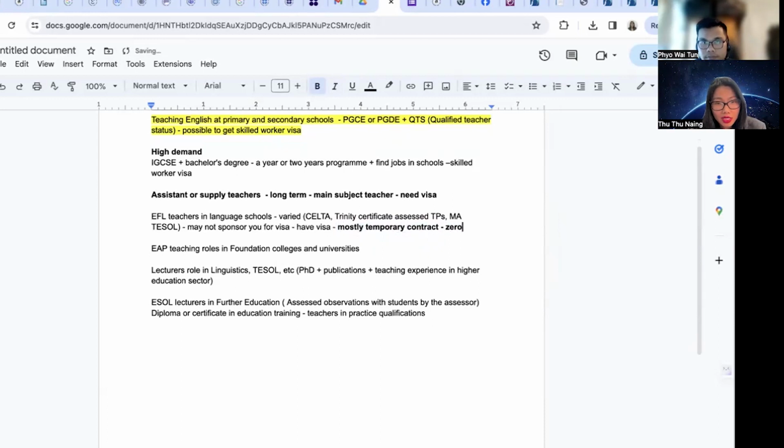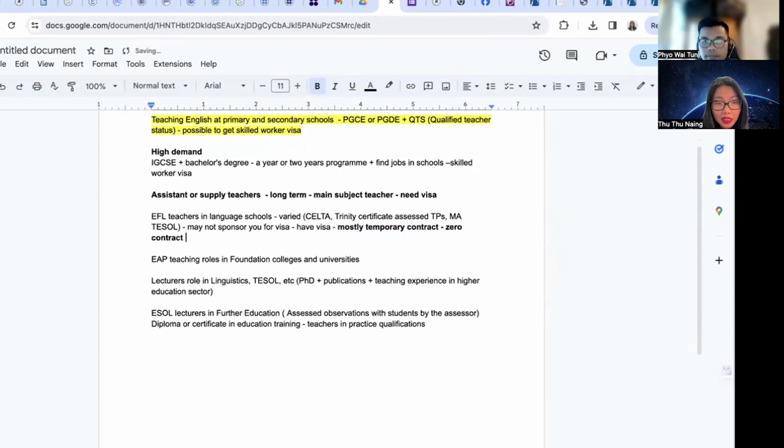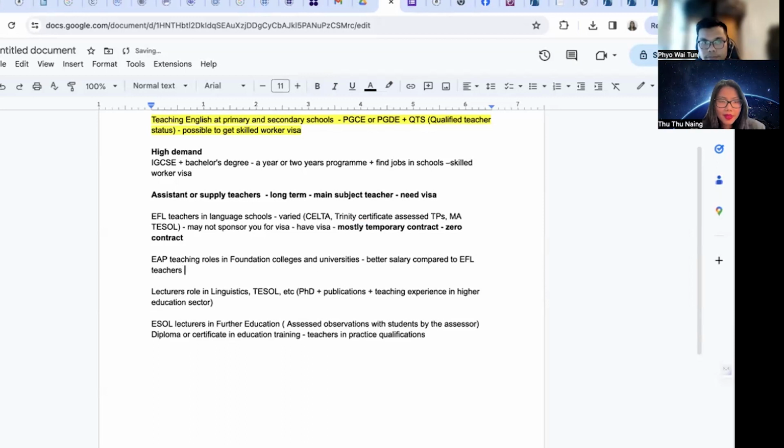For EAP teaching roles, it's a bit better salary, compared to EFL teachers. But for that, you might need more qualifications like a master's, plus CELTA, Delta, or Trinity.